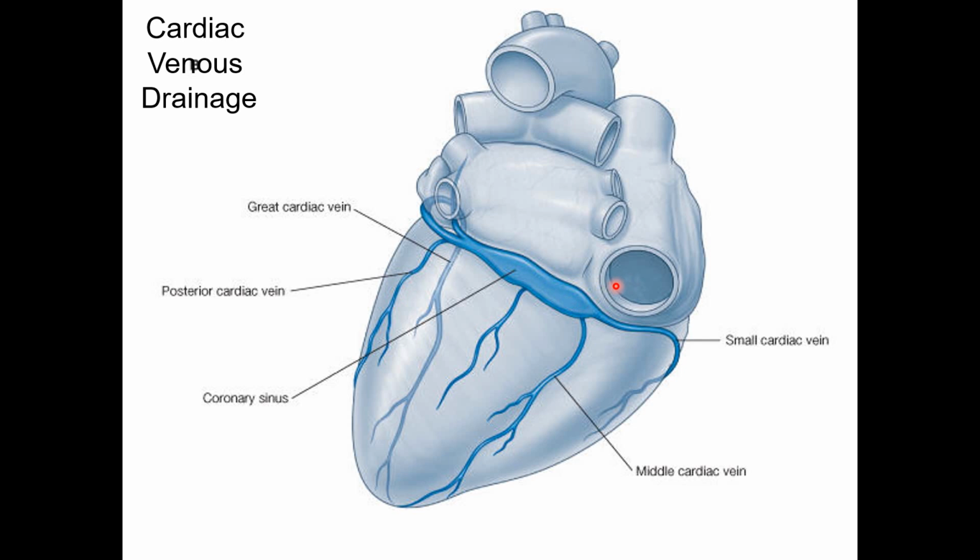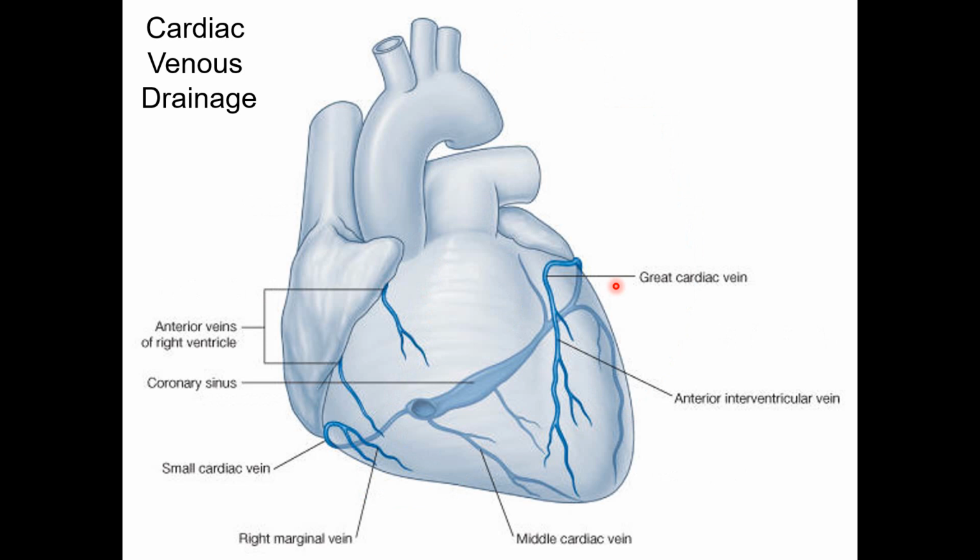These are the major veins of the heart, but there are other smaller veins, as we can see here. These groups of veins are on the anterior surface only; we call them the anterior cardiac veins. They come from the anterior surface of the right ventricle, cross the coronary sulcus, and drain directly into the right auricle or right atrium, through small openings in the wall of the right atrium that cannot be seen with the naked eye.